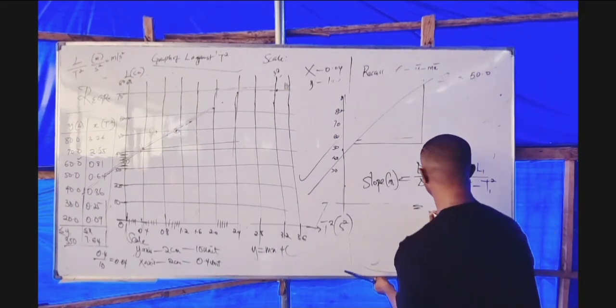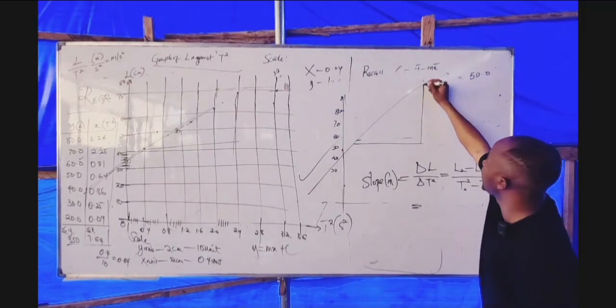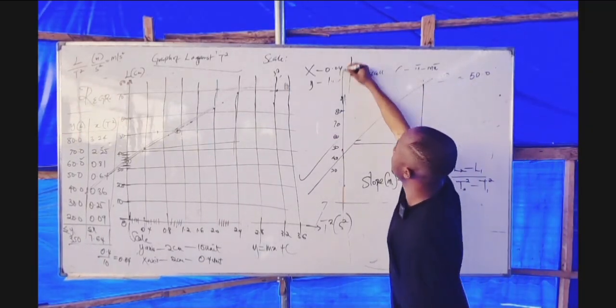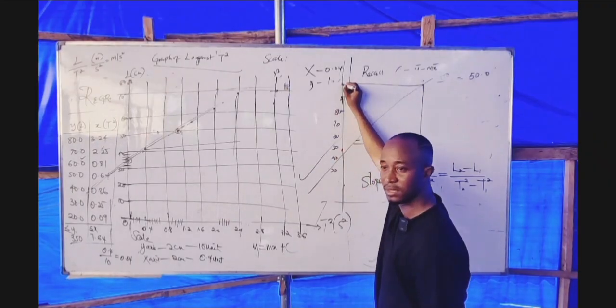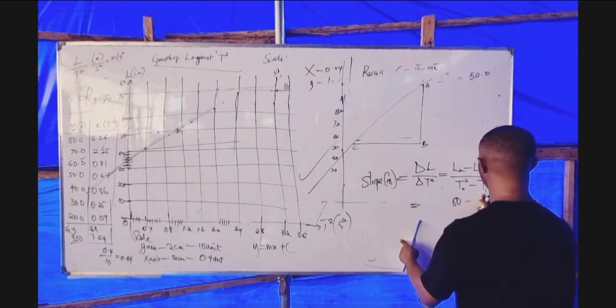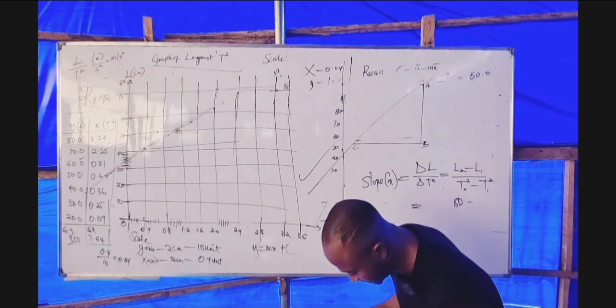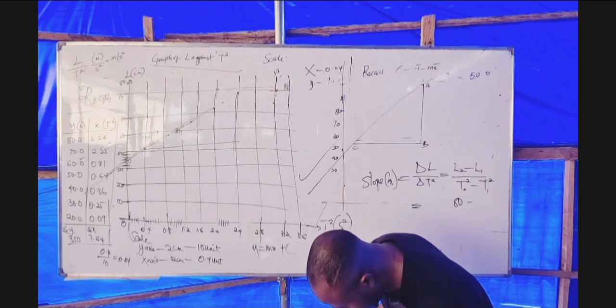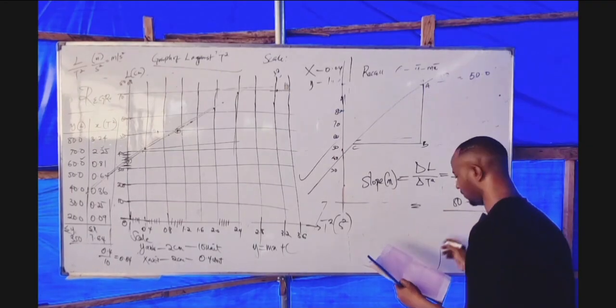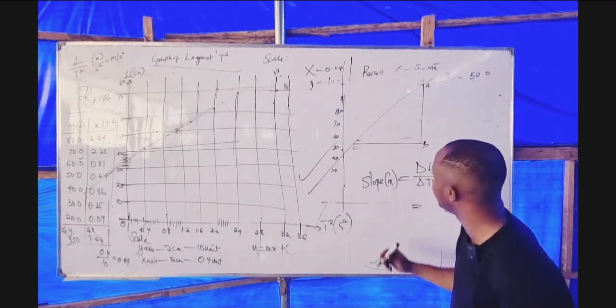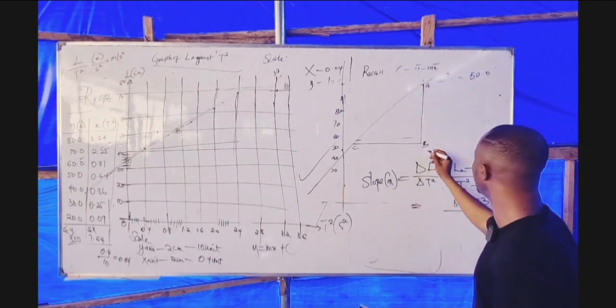What's that L2? You come here. This is your L2. Locate that point here to this point. What is the value here? 80 minus, for this graph I'm having here, I have 30, 31, 32, 33. Let me take now for your T2.